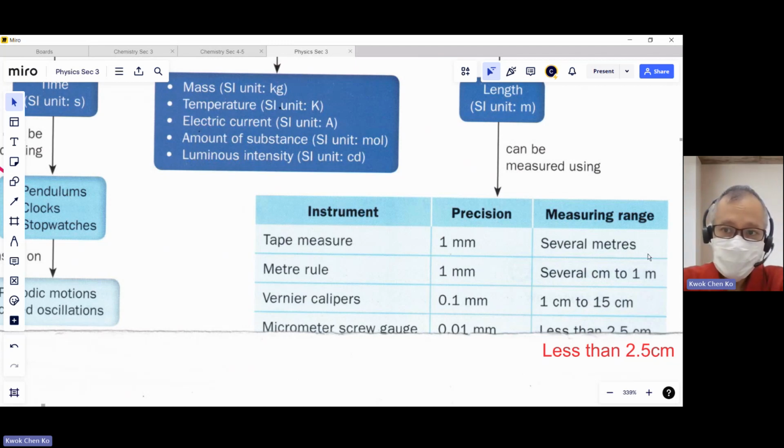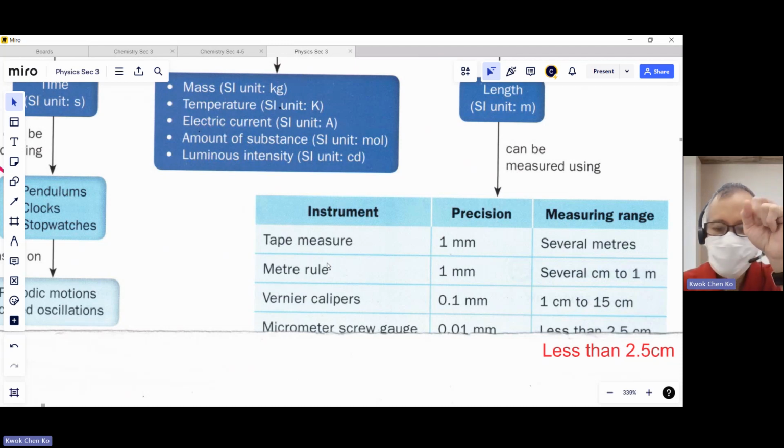So this would be the range. Keep this range in mind. If you want to measure something that is a few meters long, you will need your tape measure. Now, precision, in other words, the smallest interval in the tape measure is 1 mm, typically.